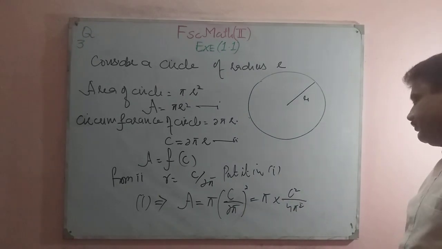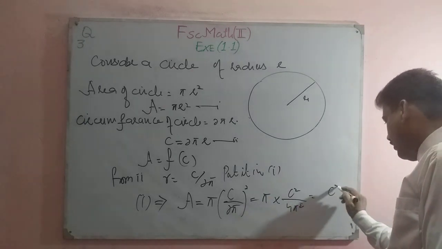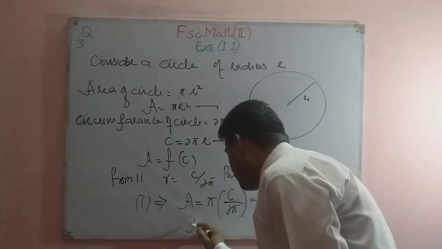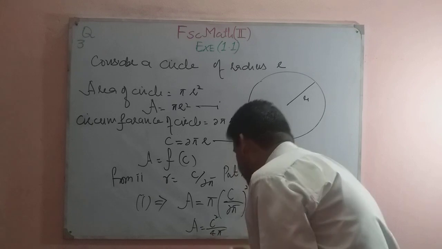We cancel pi by pi square, and we will get c square by 4 pi. So we write A is equal to c square by 4 pi.